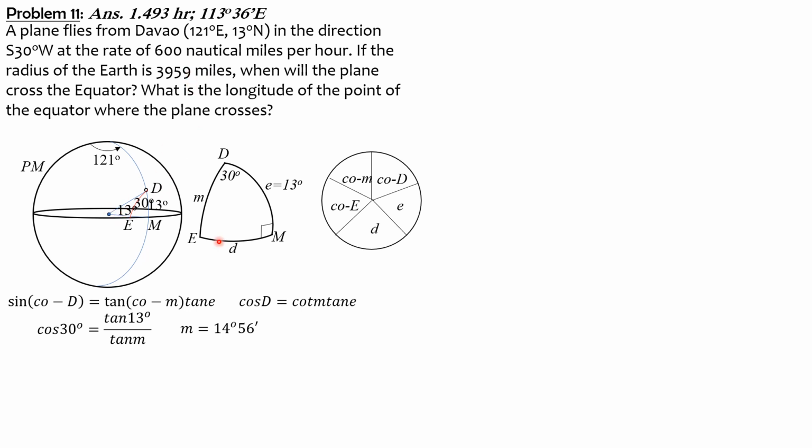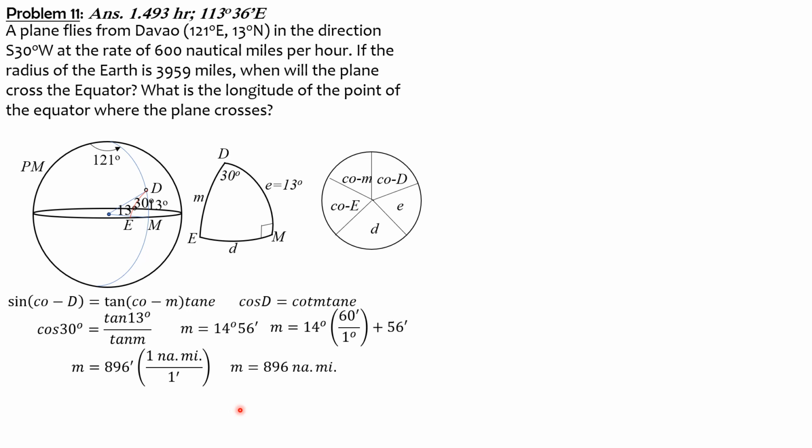So we need to convert this to minutes first, and take note that 1 minute arc distance is equal to 1 nautical mile. So M is 14 degrees times 60 minutes per degree, plus 56 minutes. So side M would be 896 minutes, times 1 nautical mile per 1 minute. Therefore, it is also 896 nautical miles.